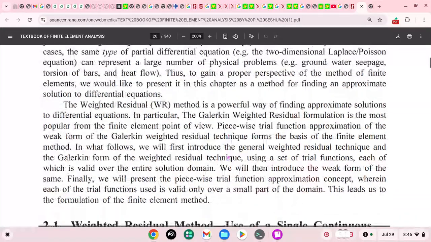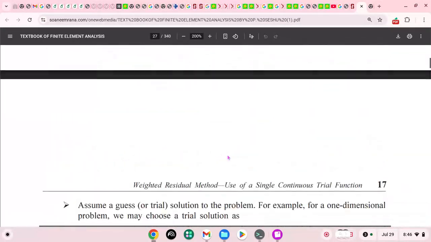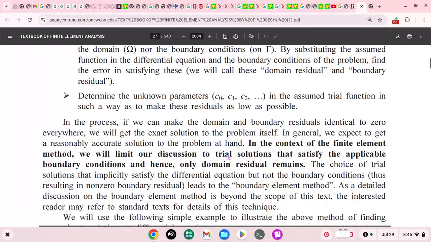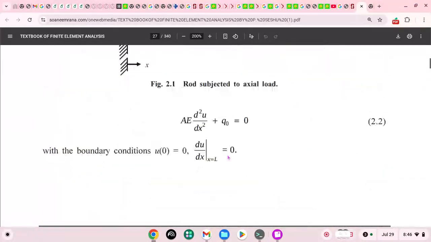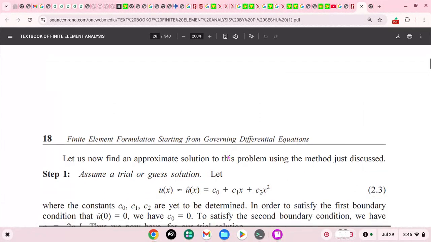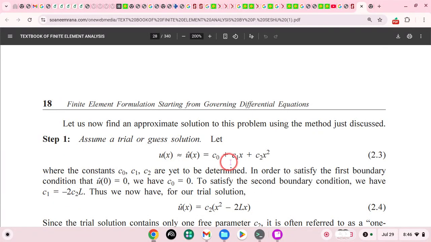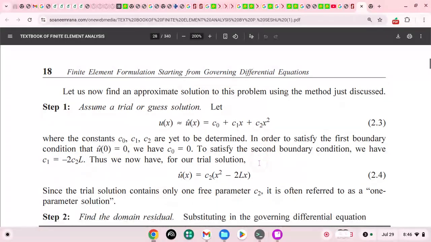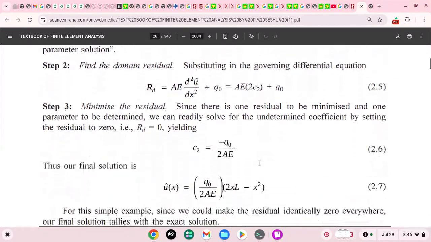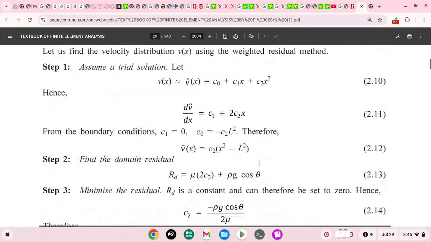How those differential equations end up in weighted residual formulations, and how a single trial function is utilized. If we use a single trial function, it can be linear or quadratic or higher order polynomials, based on the requirement and the boundary conditions.